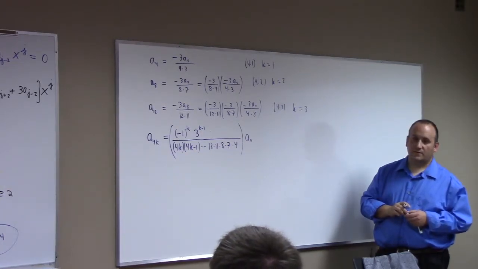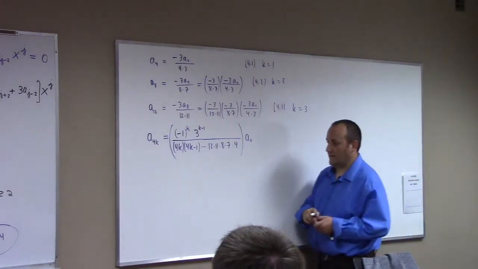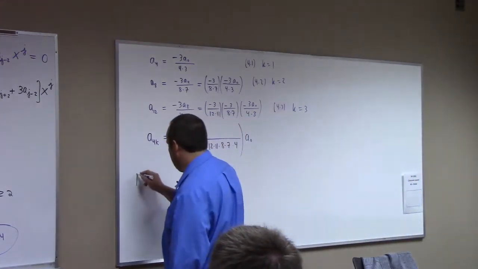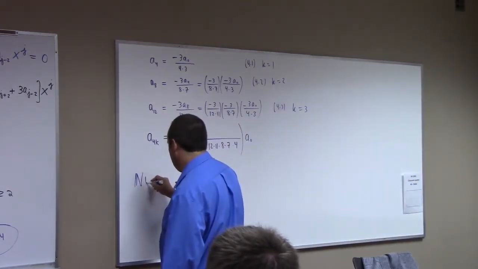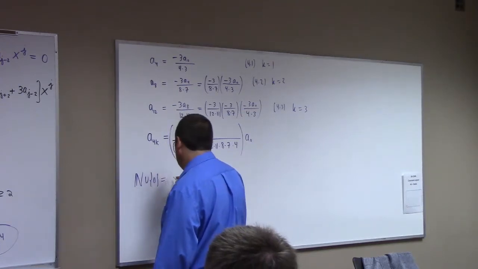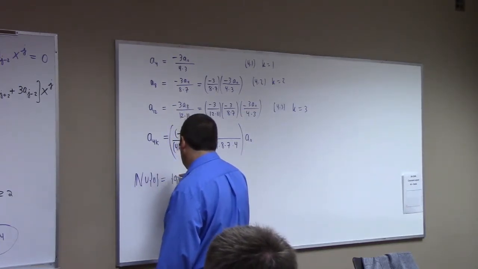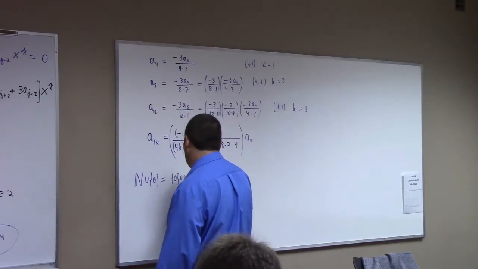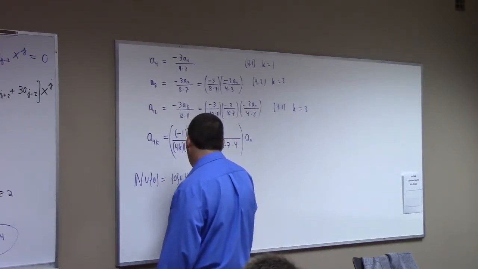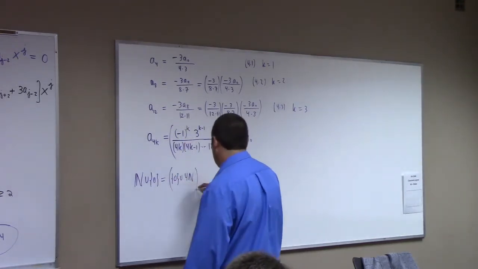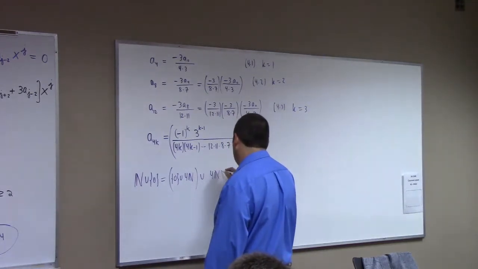So if you can do this for 4, if you think about the natural numbers with 0, what do you got? You can divide them up like this. You've got 0 unioned with 4n, and then you've got that with 4n plus 1.